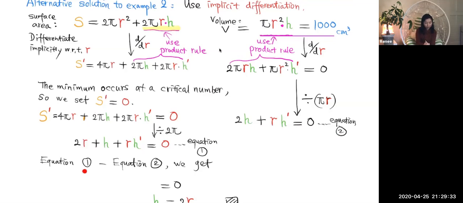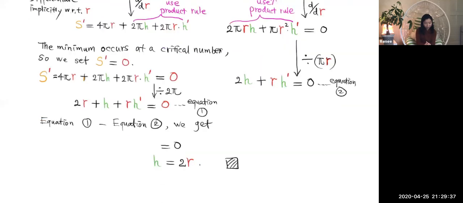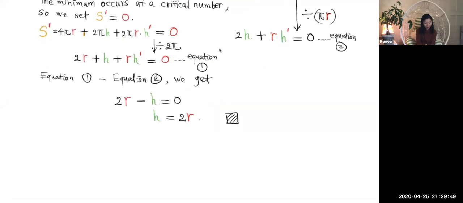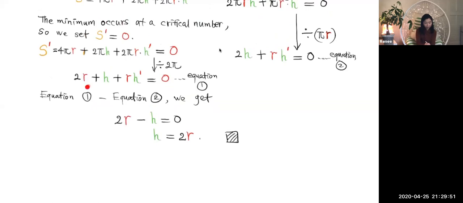So when we use equation 1 subtracting equation 2, we end up with 2r minus h, and then minus 2h is minus h, and this will subtract out. So I'm going to end up with 2r minus h equal to 0, which is the same as h equal to r.